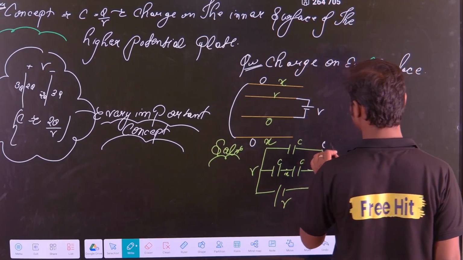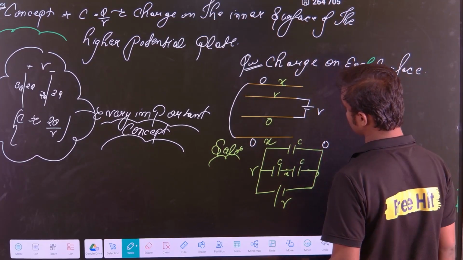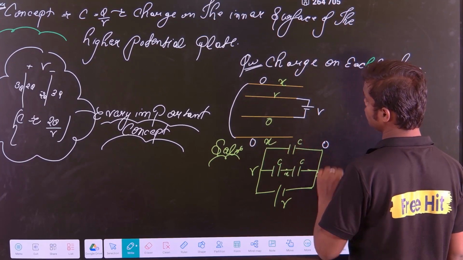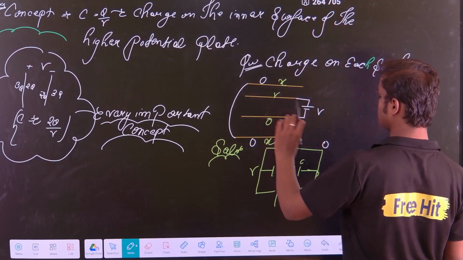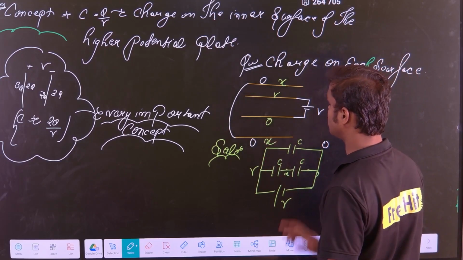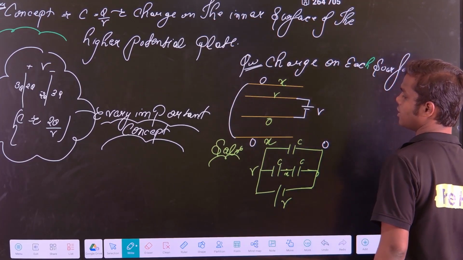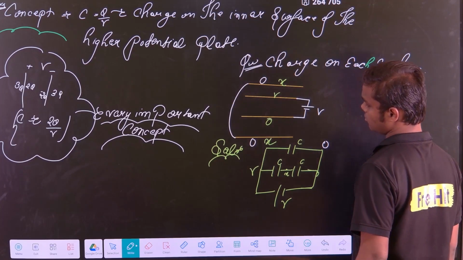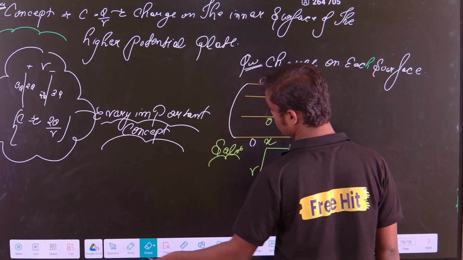My question is, what is the capacitance between X and 0? Between X and 0, you can see from this picture, is X at higher potential or lower potential? X is at lower potential. That is one thing we are very clear about. The charge will be 0, correct?